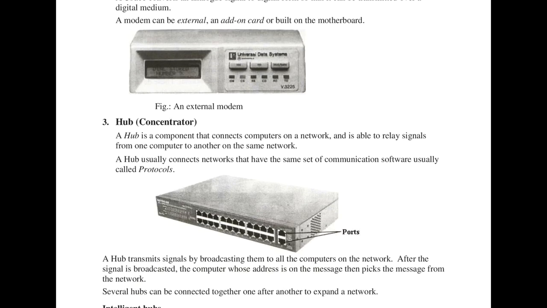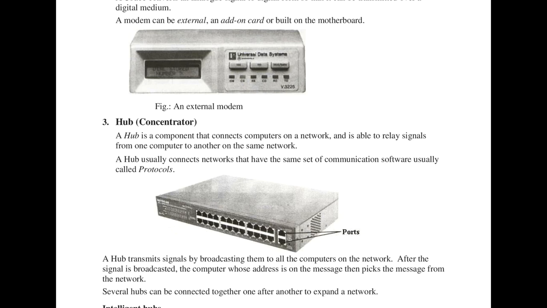Then you have the hub. If you look at your computer lab, somewhere there is a gadget enclosed in a metal shelter. That is a hub or a concentrator. A hub is a component that connects computers to a network. It has so many ports.